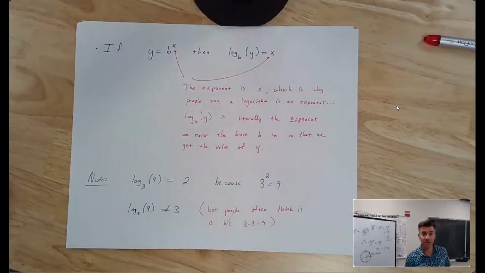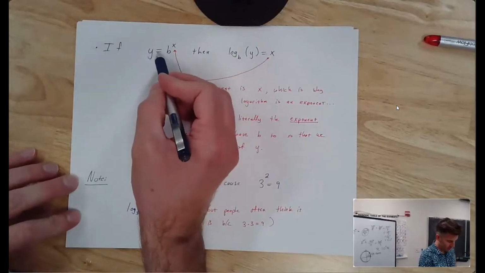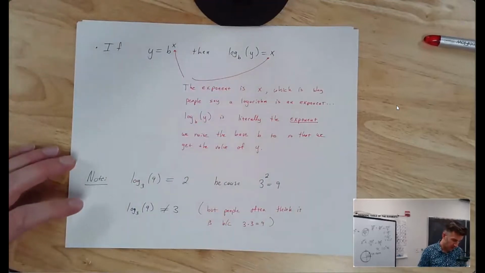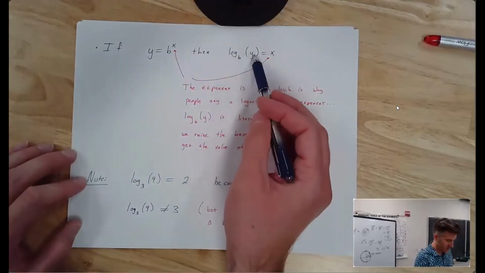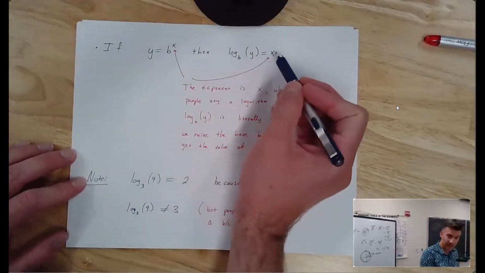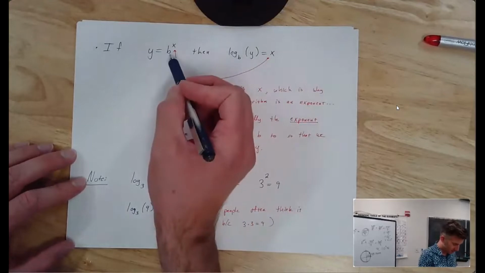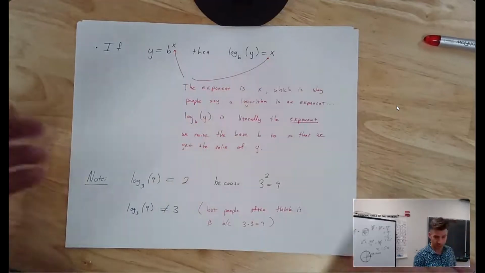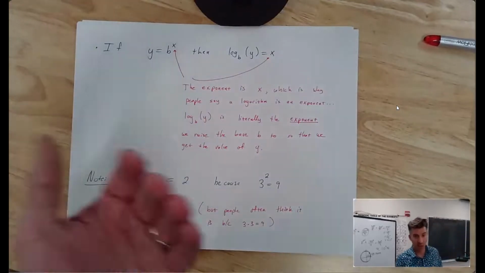And the reason they're saying it is because it literally is, right? If we're thinking about y equals b to the x power, if we're trying to find log base b of y, it's really just equal to the thing that is the exponent, so that b to that power is equal to y. And that's kind of the whole deal.